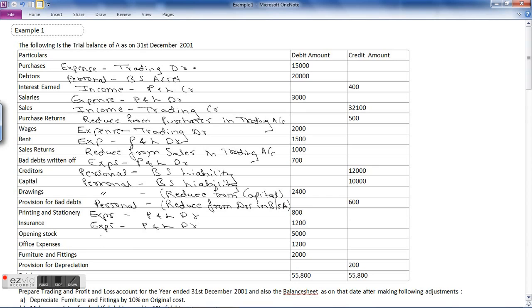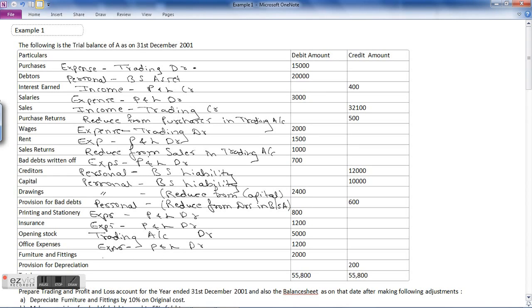So profit and loss account, debit side. Then opening stock. Opening stock, as explained earlier, will be trading account, debit side. Then office expense. Again, office expense is a nominal account showing a debit balance, so it will be profit and loss account, debit side.